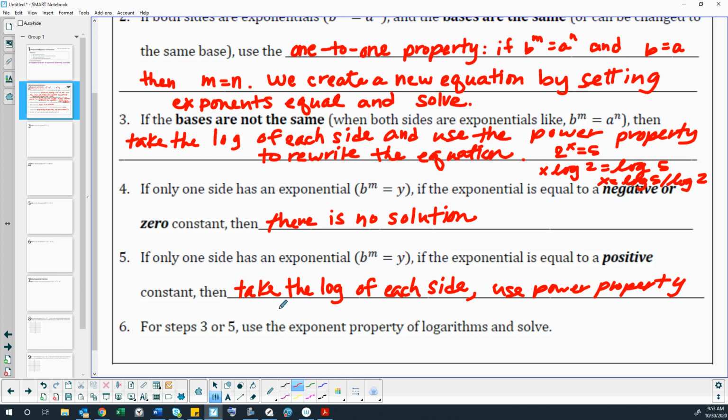Or another idea is you can change our exponential equation to log form.